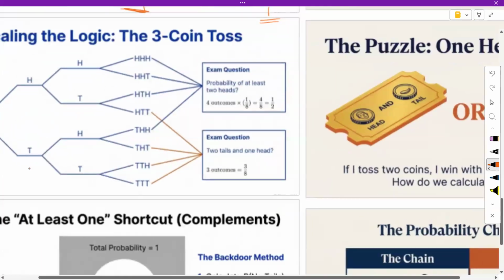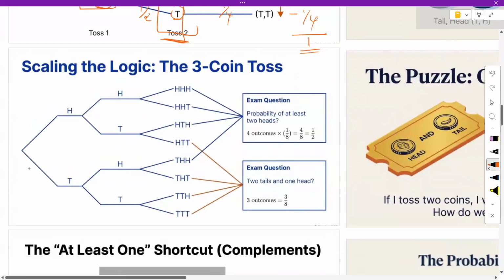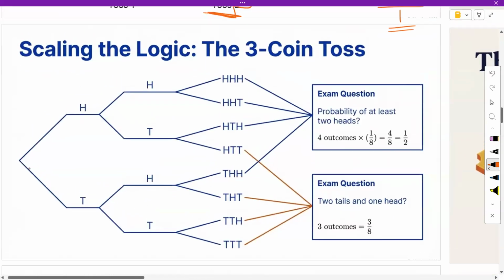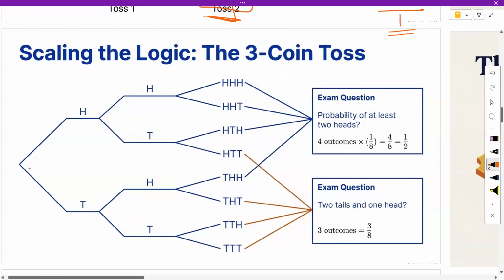Now let's see what will happen when we toss three coins, or we toss one coin three times. Here, this is toss one.